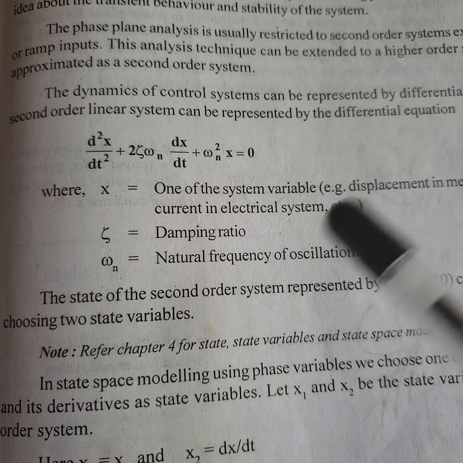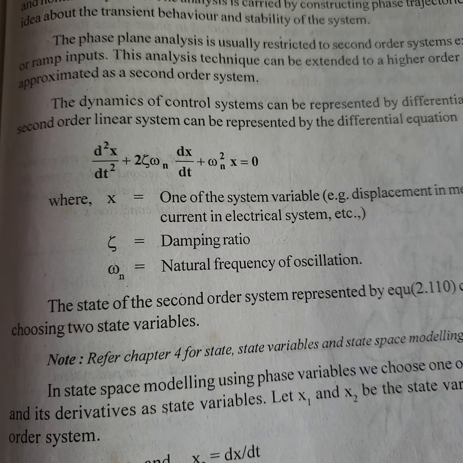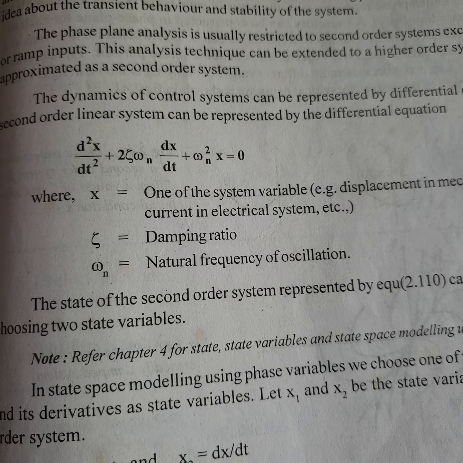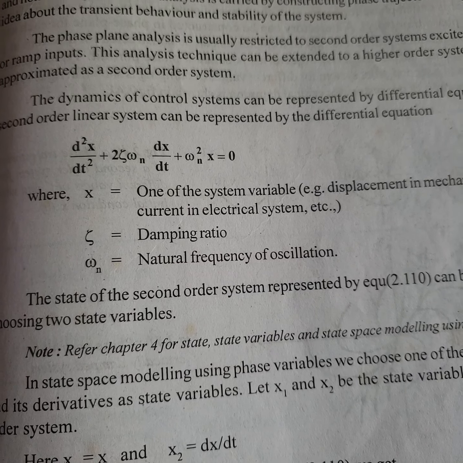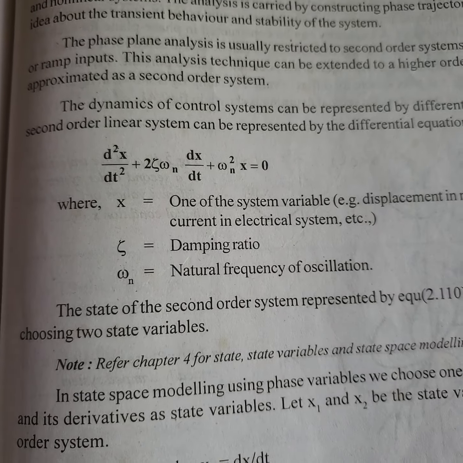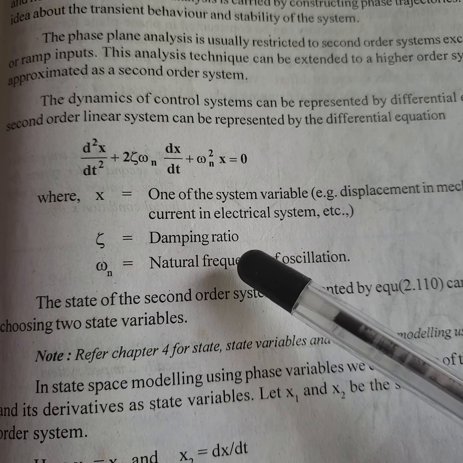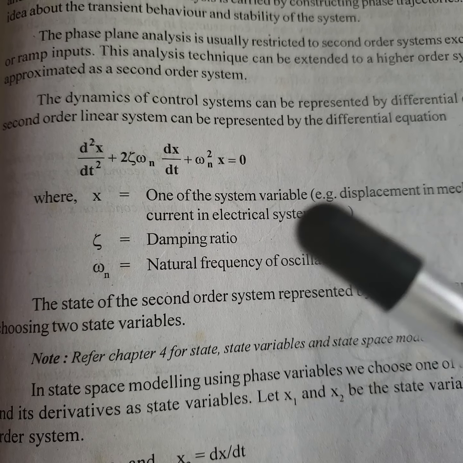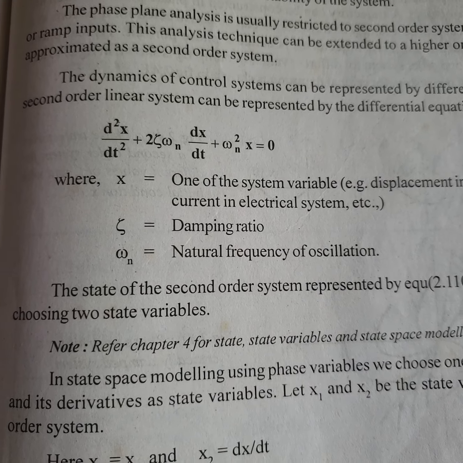Here we are taking x as one of the state variables. We have already discussed the concept of state variables in the last modules. Theta is the damping ratio, and omega n is the natural frequency of oscillation.